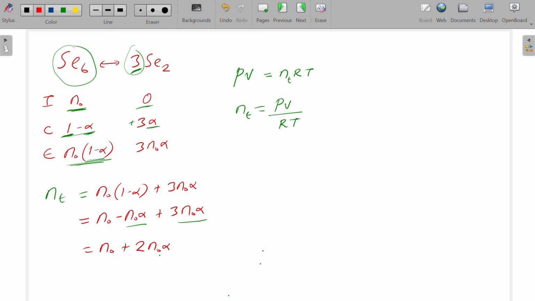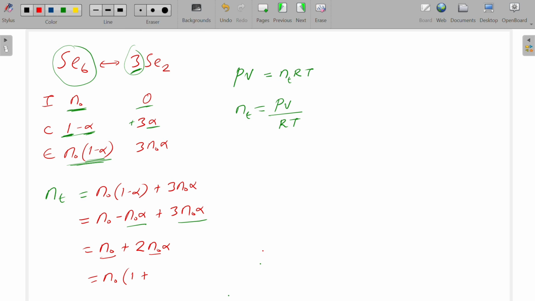Since we have common things here, we have this and we have that to be common, so we can factor it out. We can say n naught is common, so we have our n naught factored out, and then what remains from here, when we get n naught from there, we'll have a 1, and then this will be added to 2 n naught.